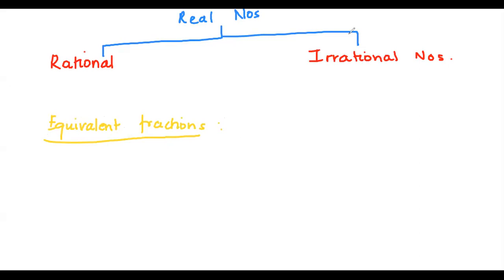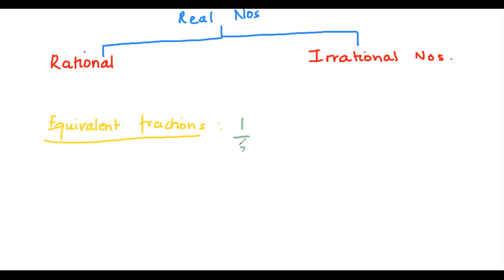Somebody wants to answer? So equivalent fraction is basically two fractions which are just multiplied, like 1 is to 2 is equal to 2 is to 4. Yes, correct, you are right. Equivalent fractions are fractions which can be reduced to the same value.